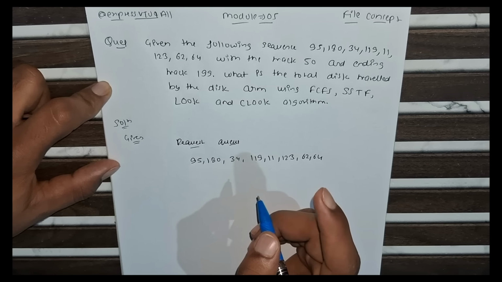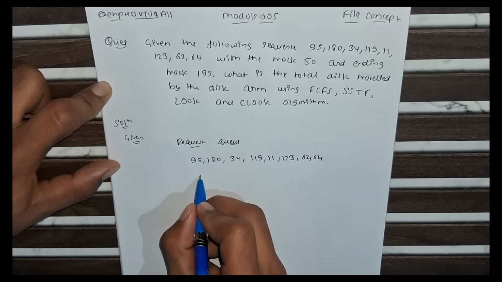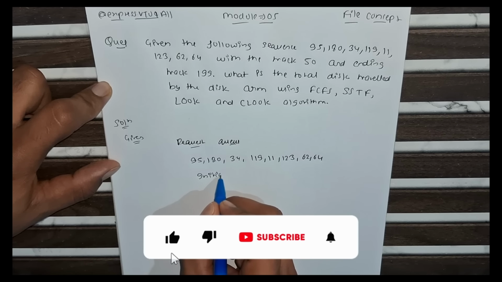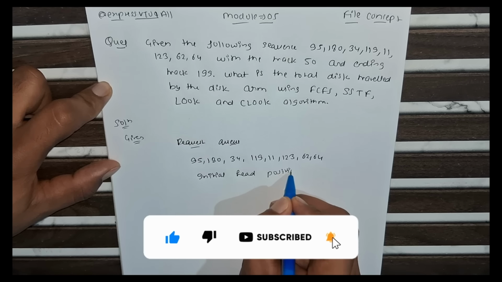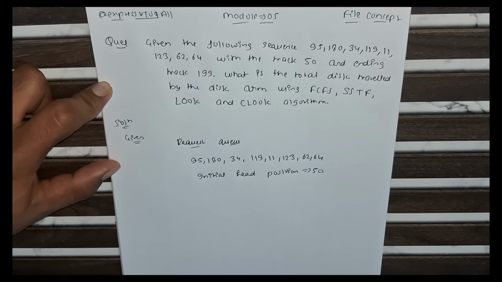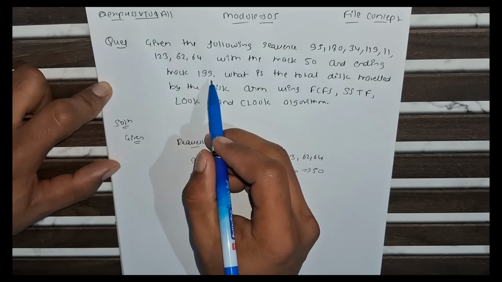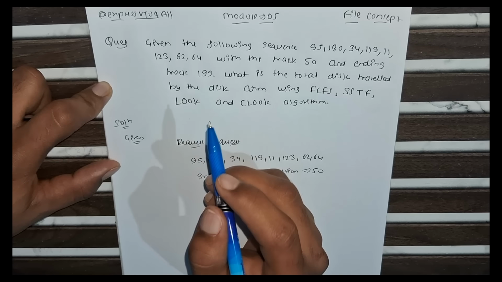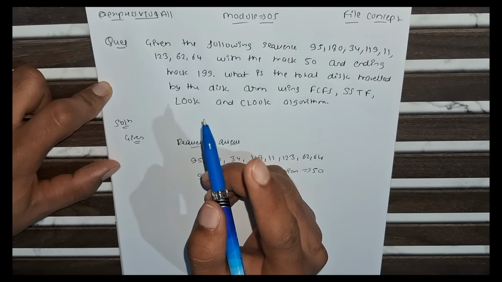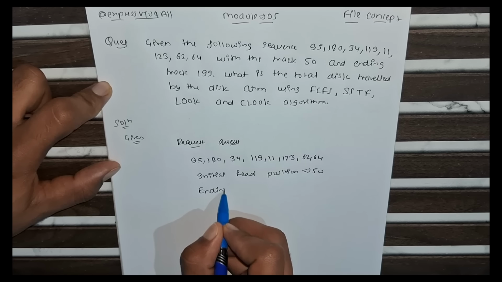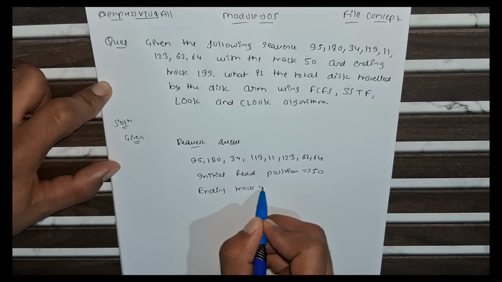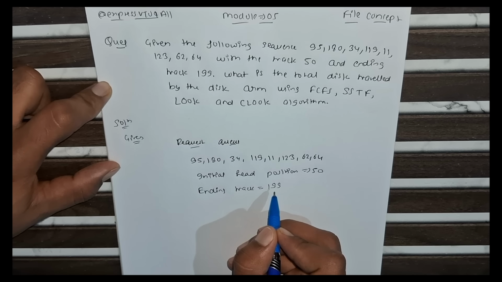Now what is our initial head position, which is 50. Initial head position equals 50. What is our ending track, which is 199. The ending track is used only for direction info, not always the movement. So our ending track equals 199.